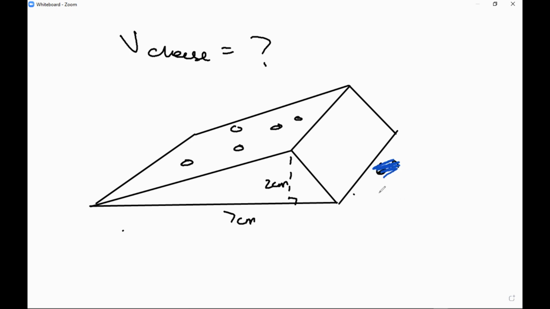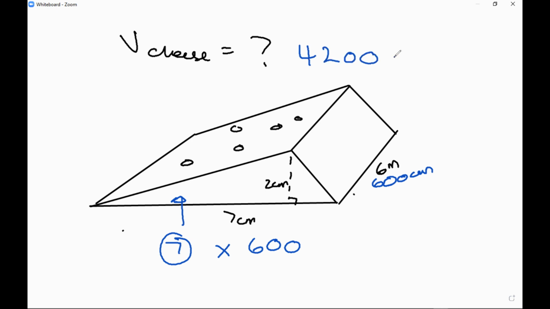And if I convert this to cm, what will it become? 600. Good. Now you got that and that. Recalculate the volume now. The area was equal to 7, and then 7 times 600. That's it. So this is going to be 4,200 centimeters cubed. Done.